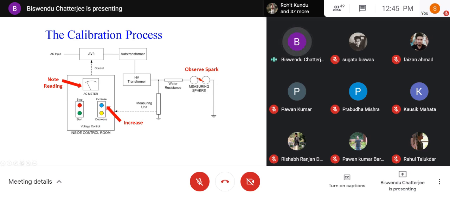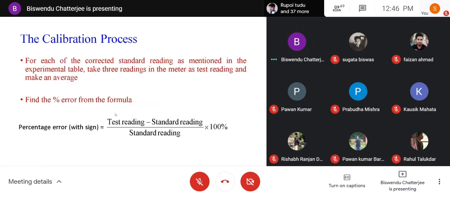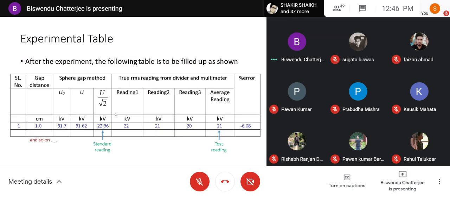Now, when the spark occurs, note the reading. In this way, you do it 3 times. Suppose when you observed the spark, reading 1 was 22 kV, reading 2 was 21 kV, reading 3 was 20 kV. So the average you do, it becomes 21. Now you got your answer.